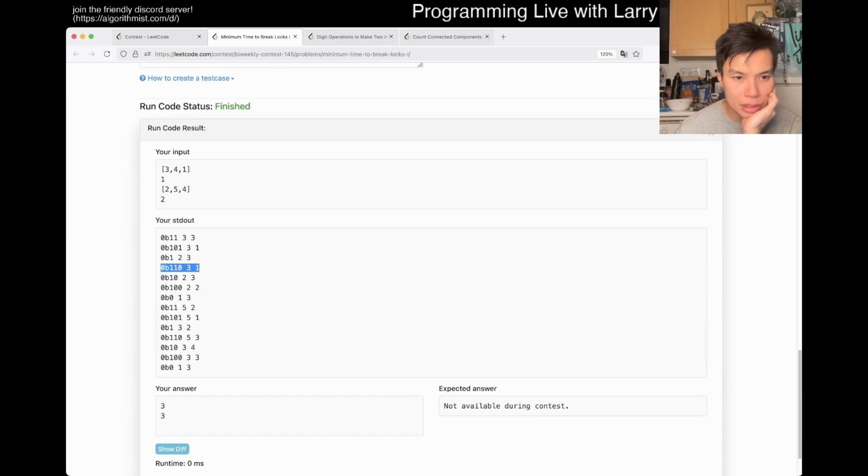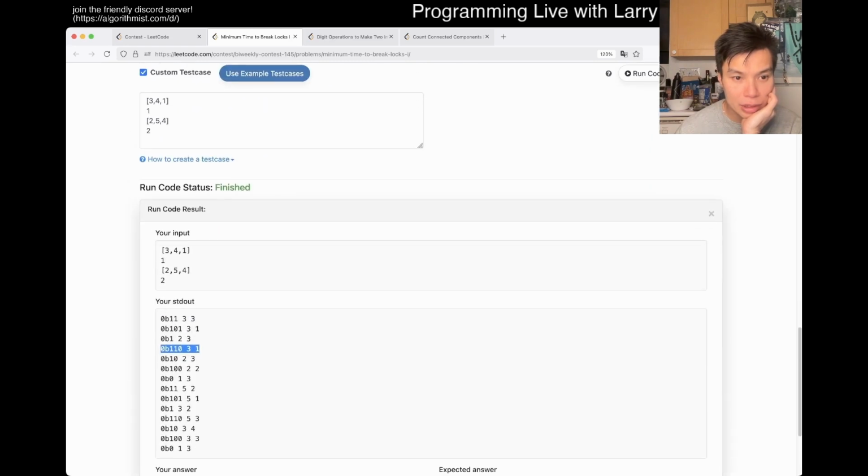Okay, so doing this is 1 because x is 3. And that makes sense. The other one doesn't make sense though. 0, 1, 1. Is there 0, 1, 1? This is 0, 1, 1. This one should not be 3.